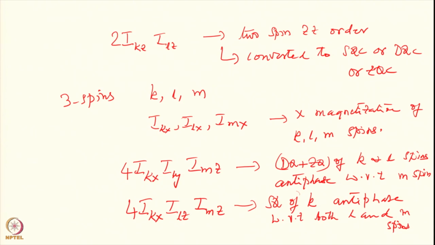So, if you have such a kind of a term, let us take for example IKX. Now, in the 3 spin system, how will the IKX look like? So, then the 3 spin system is like this. I have the K spin, L spin, M spin, and there is a J for each one of those, J1, J2, J3, let us say.